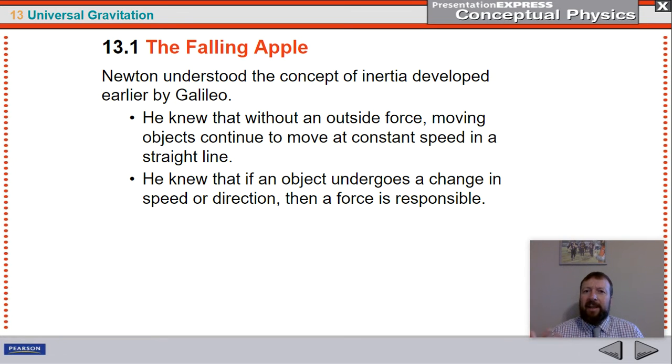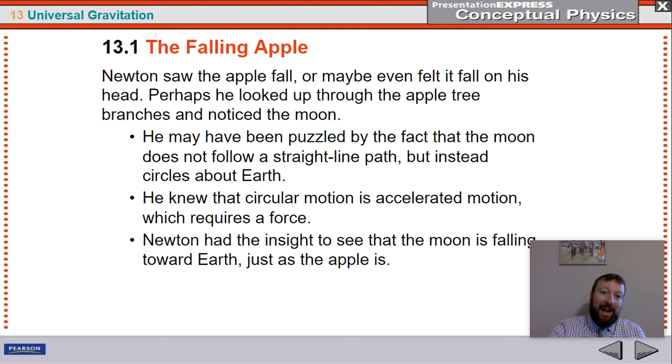So he does the same thing. He takes this idea that Galileo came up with and puts it into a new idea, that it's not just a thing in motion. He was looking at apples falling, the moon falling, and all these ideas, and how they kind of matched with what Galileo had said.